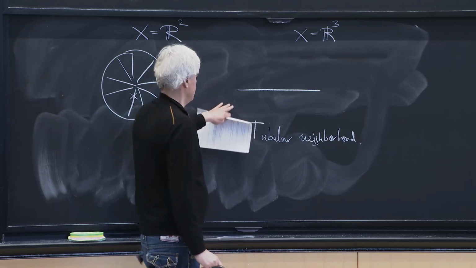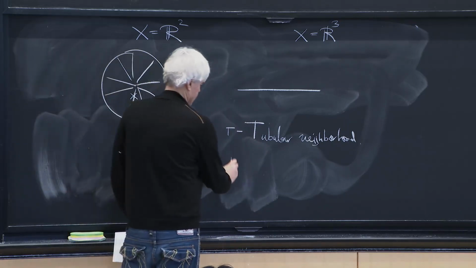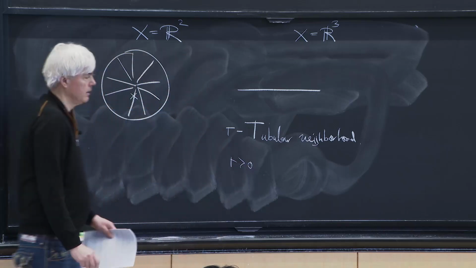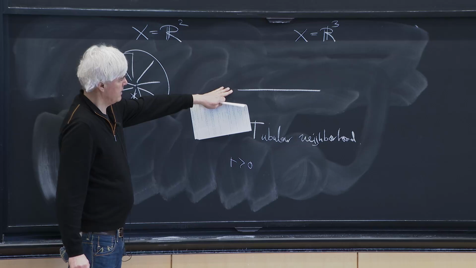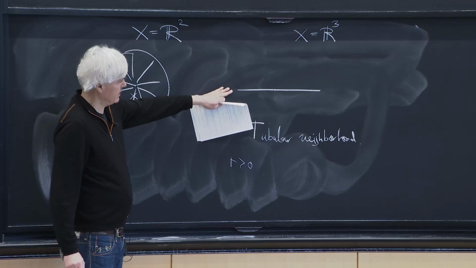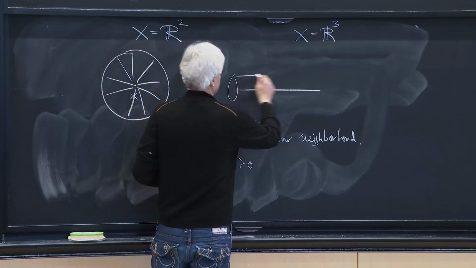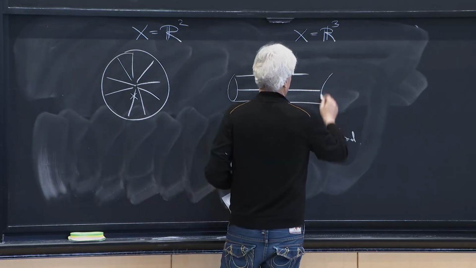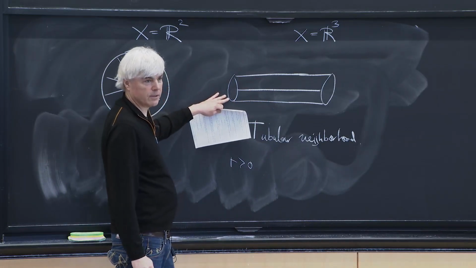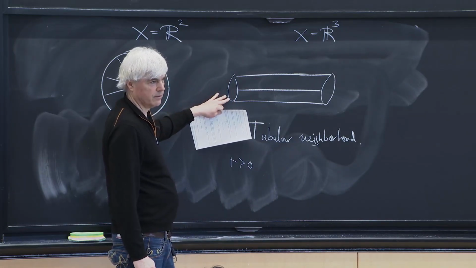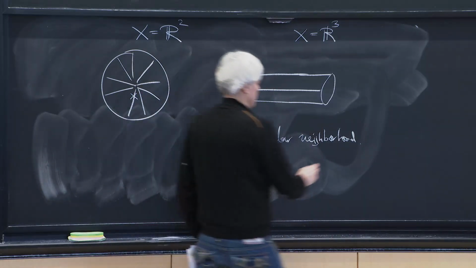So a tubular neighborhood, let's say an r-tubular neighborhood, is where you have some positive number r, and you're looking at everything that has distance strictly less than r from this line. That would look like a cylinder, where the boundary of the cylinder is not included because I require things to have distance strictly less than r. This here would be an r-tubular neighborhood of a line.